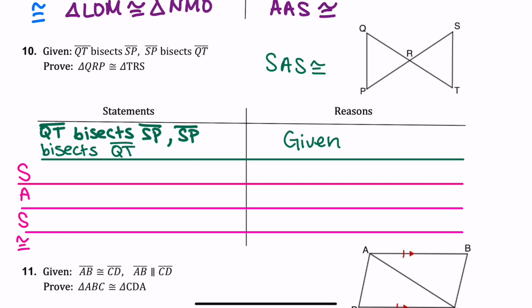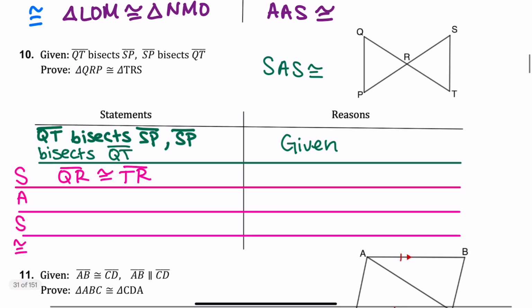Now let's start with QR and TR. Notice if I look at my congruence statement, QR has to go with TR. And the reason is because SP is bisecting QT.